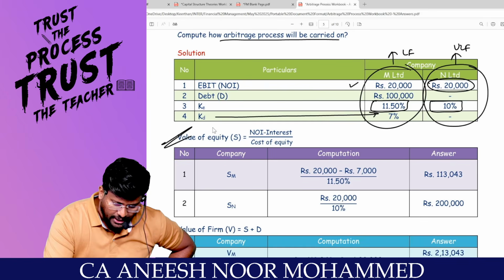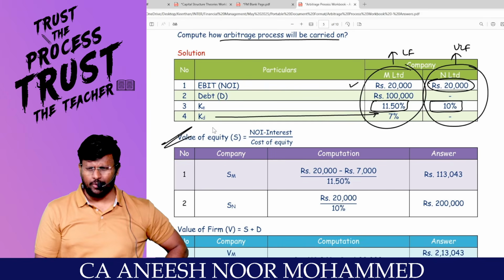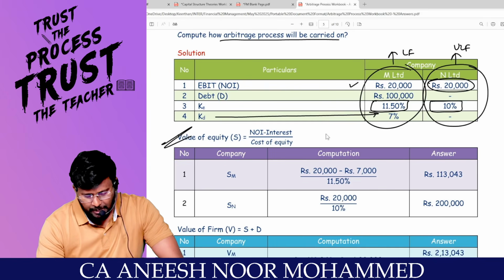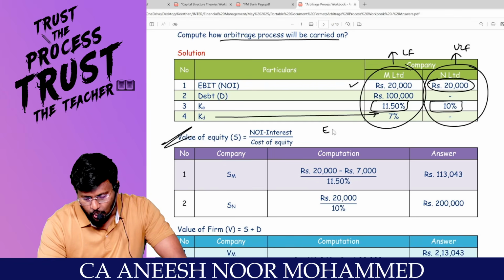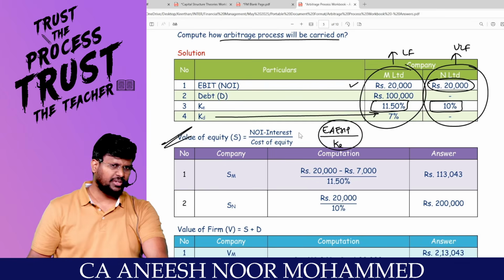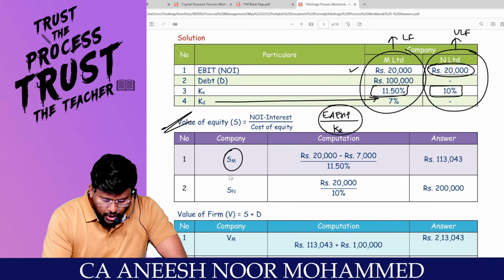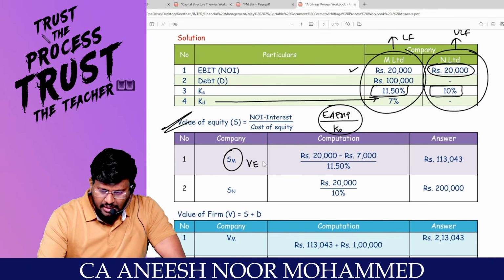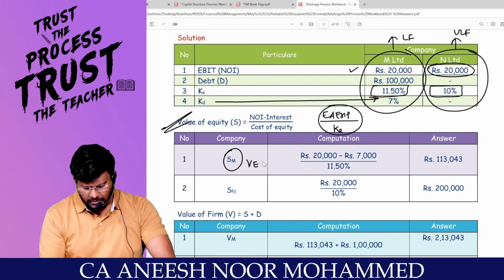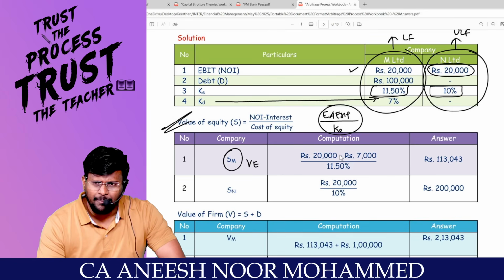Now I am going to calculate the value of equity. Market value of equity is equal to earnings available to the equity shareholders divided by Ke. Comfortable? I am going to calculate the value of the equity of the company M Limited. What is the EBIT? 20,000.